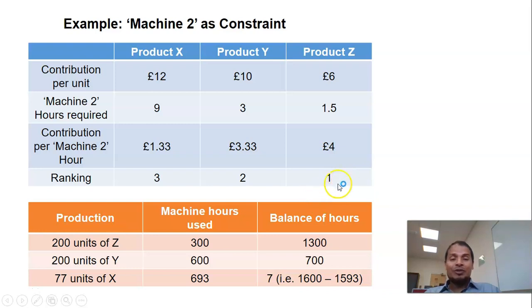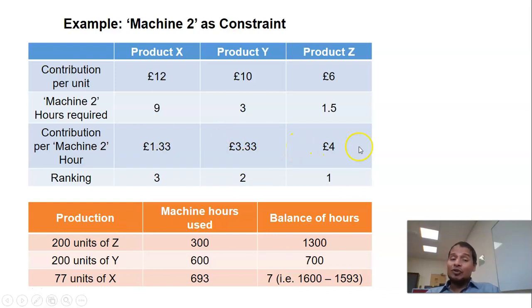So which product will you produce first? Product Z. Why? Because this one is giving you the maximum contribution per hour of machine 2, the bottleneck resource. Second choice is this, because this is the second highest.